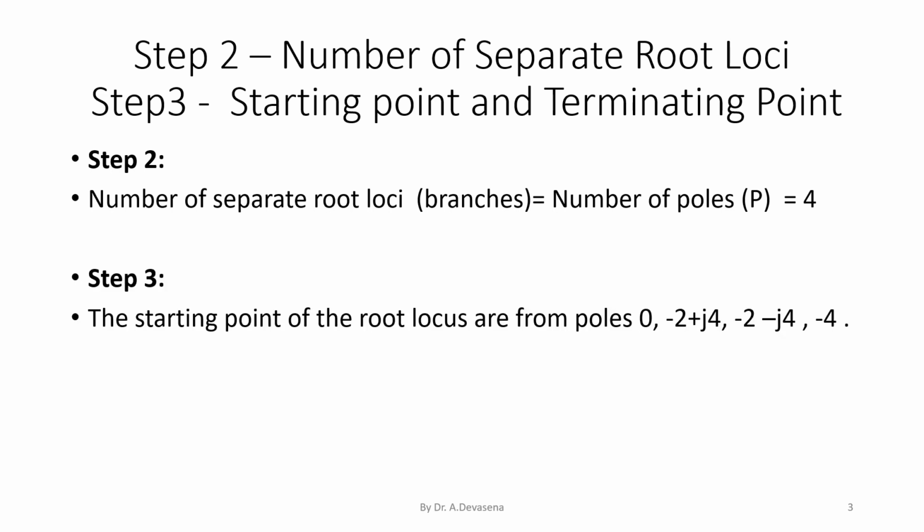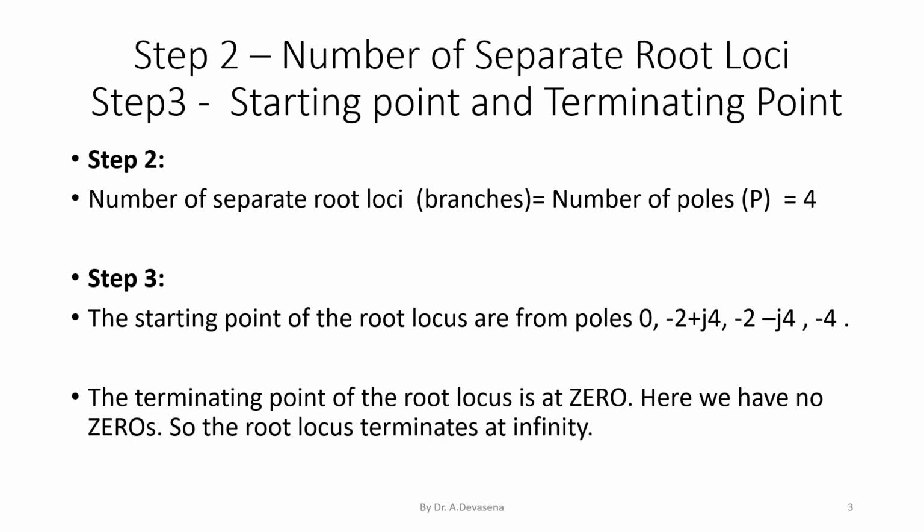Step 3. The starting points of the root locus are the poles 0, minus 2 plus j4, minus 2 minus j4 and minus 4. Here we have no zeros, so the root locus terminates at infinity.